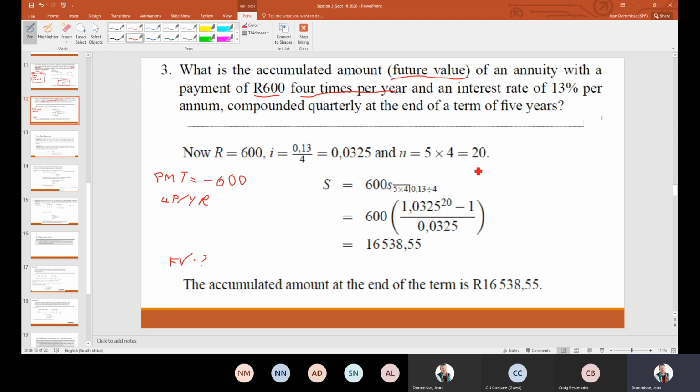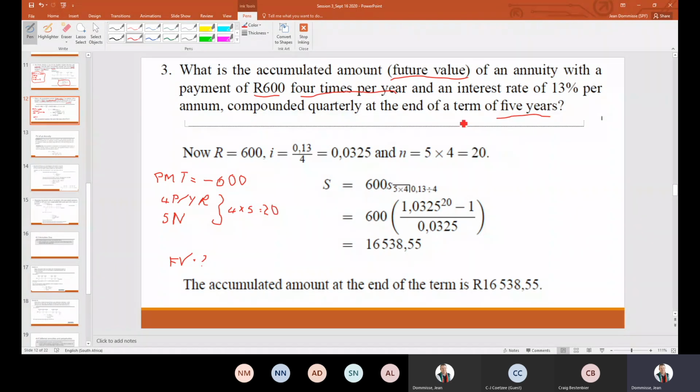They tell us it is 5 years. So 5N. If you want to, you can say 4 times 5 to get your number of times it will happen, which is 20. So that's just also a check to make sure.